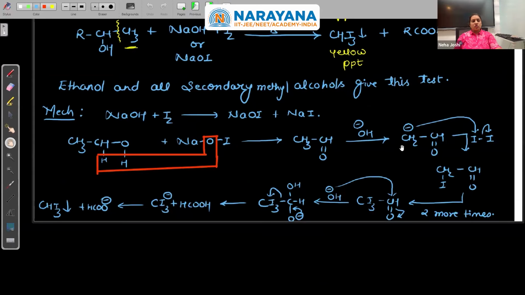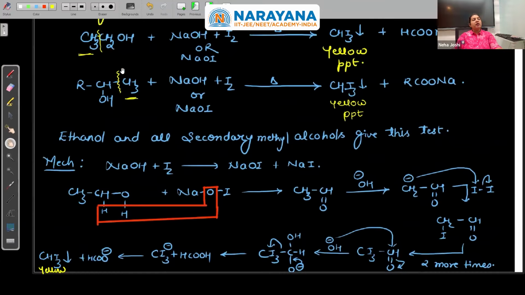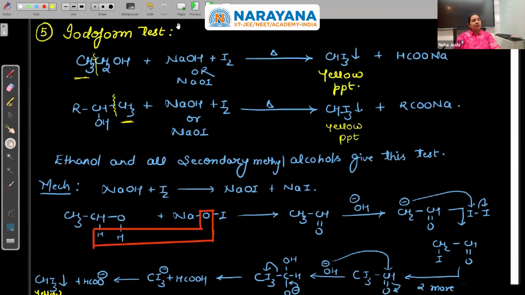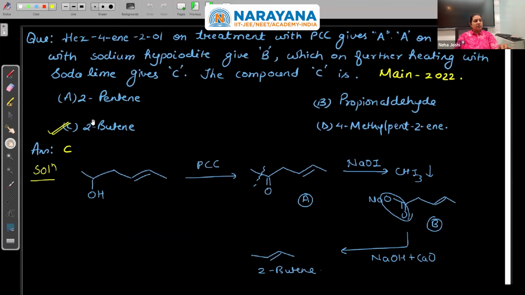Then alpha halogenation of this aldehyde occurs, so that CH3 has become CI3, giving CI3CHO. Then OH minus attacks, pi opens, pi closes, and CI3, being a good leaving group, is removed. This is our yellow precipitate, which we call the iodoform test. So it is a test for particular types of alcohols.